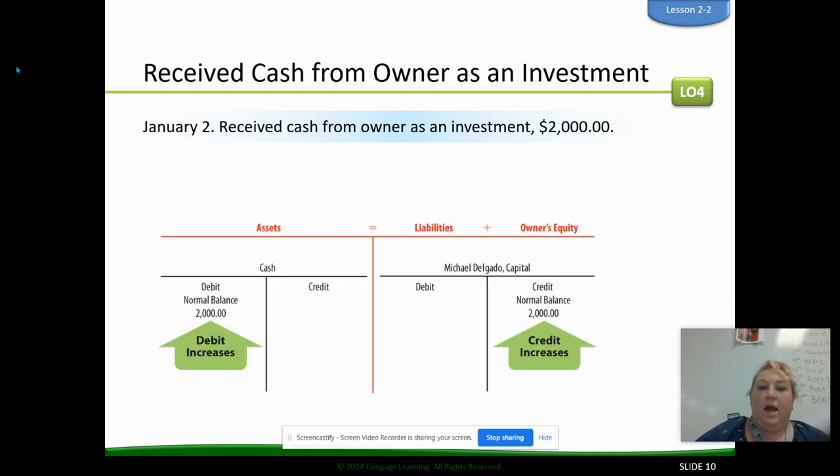And then the other half is from the owner, which is my capital account. So if my cash went up on the debit, then remember I have to have a debit and a credit. So there's my debit in cash, there's my credit in capital. So I have my plus equals plus, I have my debit equals credit, I'm good.